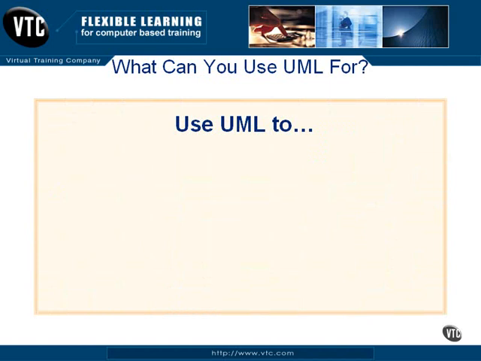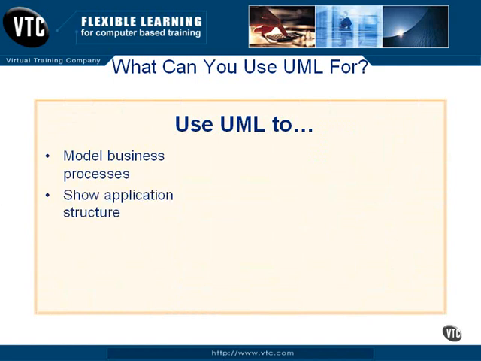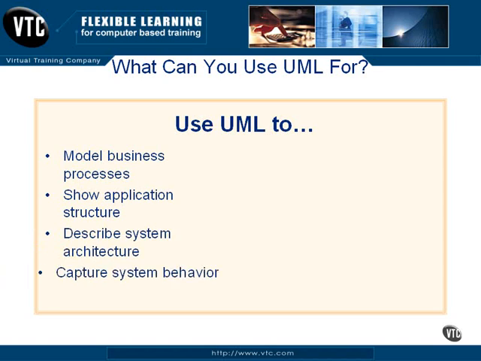That kind of flexibility lets you use UML for a number of different things. You can use UML to model business processes, show application structure, describe system architecture, capture system behavior, and model data structure.